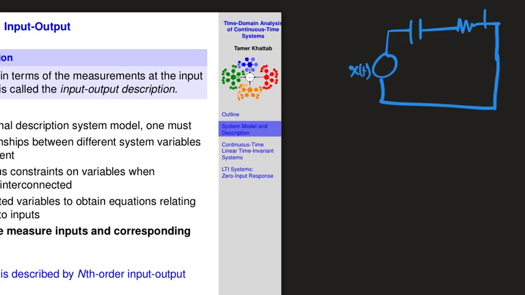Your output is this, so this is your y of t. The output from the system is the voltage across the resistor, and the input to the system is some applied voltage at the source, right? And what you need is the relation between the input and the output.